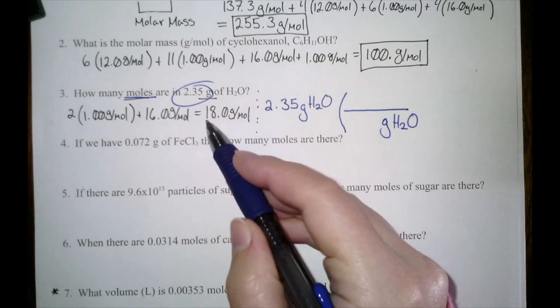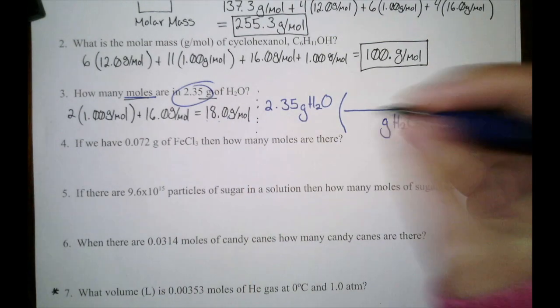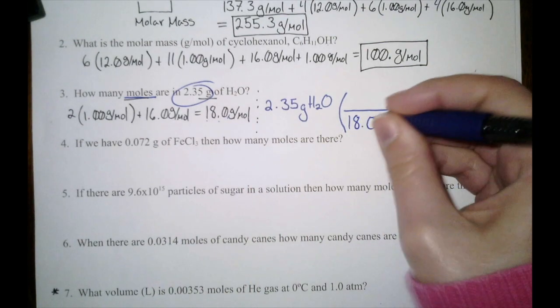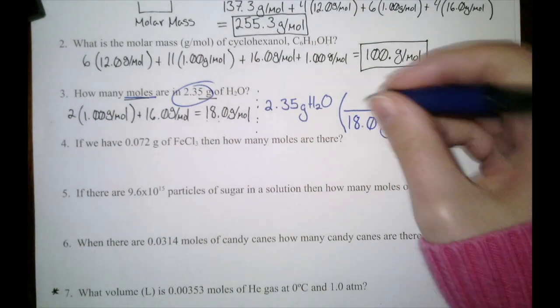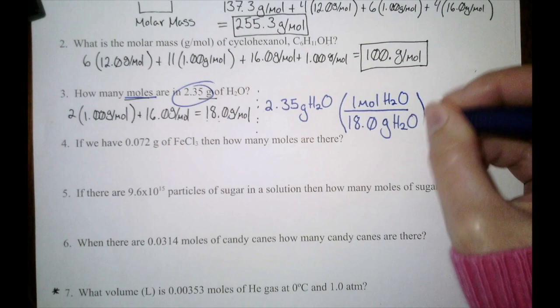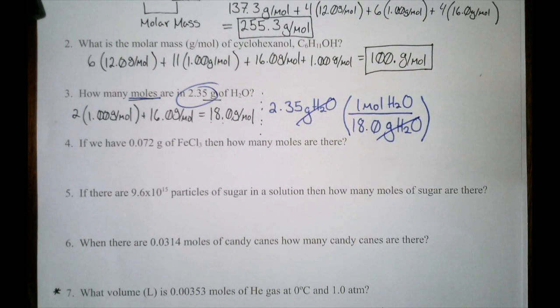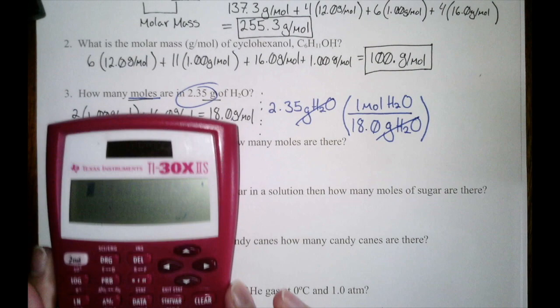Well, my molar mass is 18.0 grams for every 1 mole. So 18.0 goes on the bottom. And 1 mole of water goes on the top.